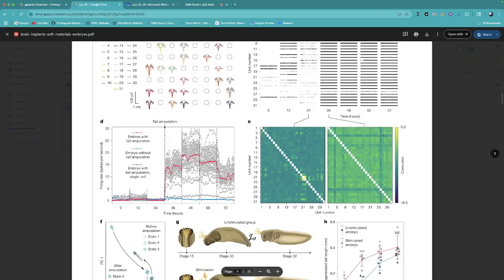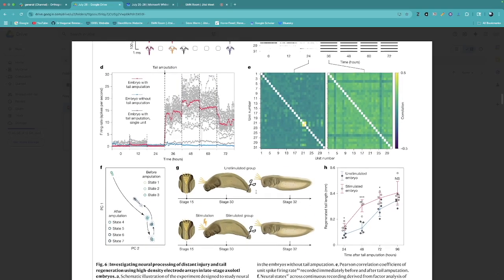They look at the embryos with tail amputation and without tail amputation. And with tail amputation, you get a much higher firing rate than the embryos without tail amputation, which is interesting given what we know about regeneration, especially in embryonic development or in tadpole development.